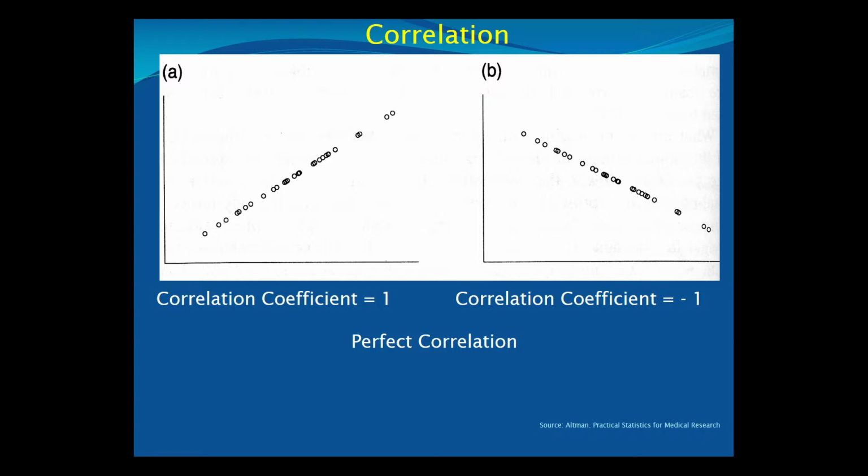All points are allocated on the invisible straight line, but all points go downwards. So this is an example of perfect correlation. Perfect correlation means that in these examples we have a linear relationship between two variables, or functional linear relationship.